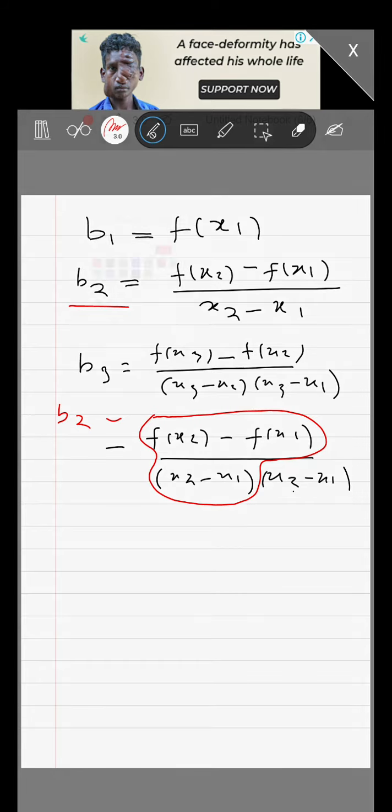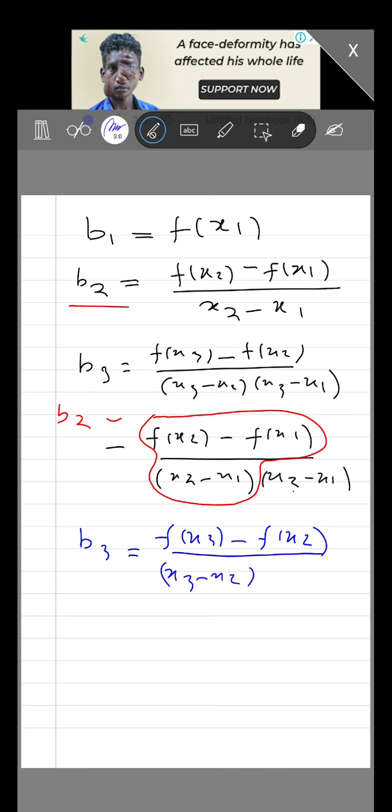So we can write this expression of b3 as f(x3) minus f(x2) divided by x3 minus x2, minus b2, divided by x3 minus x1.